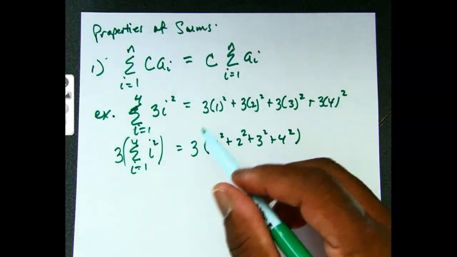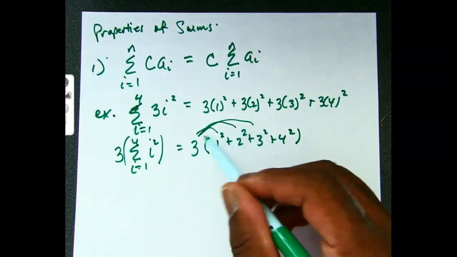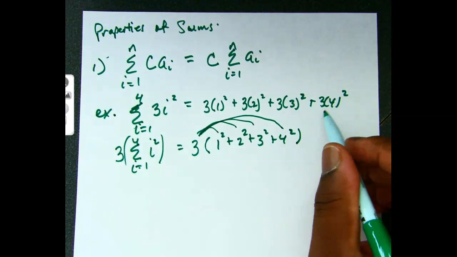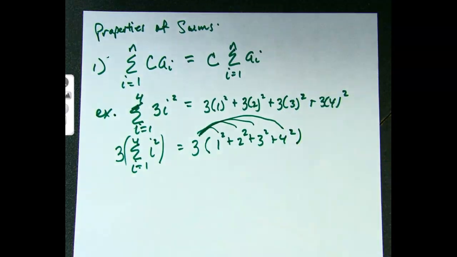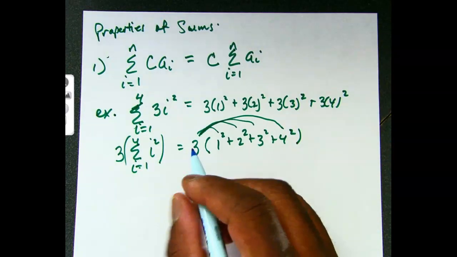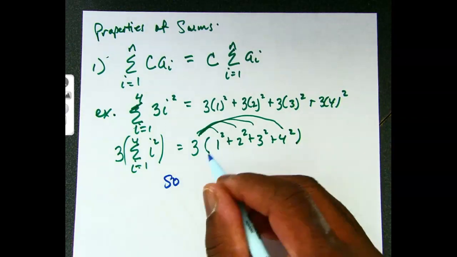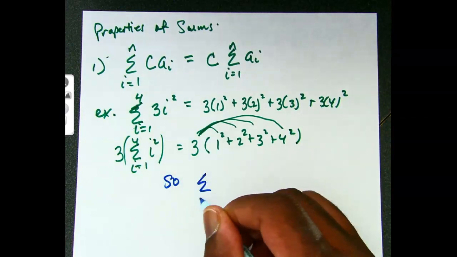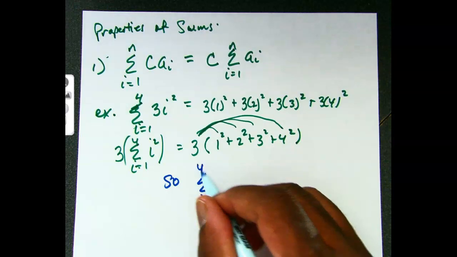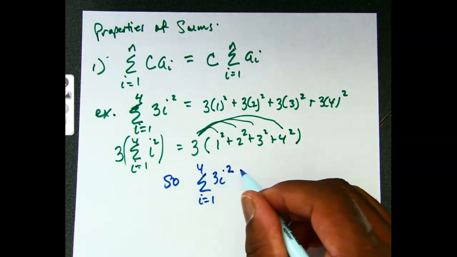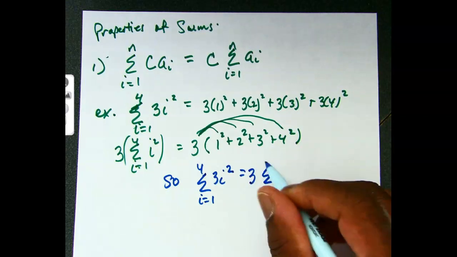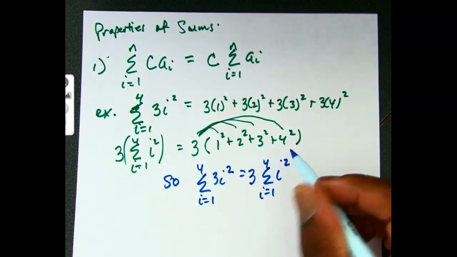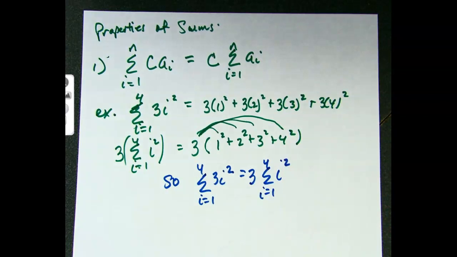And as you can see, if we distribute this 3 to all of those terms, it's going to directly equal what we had in the first term. So we were able to prove that the summation from i equals 1 to 4 of 3i squared is equal to 3 times the summation i equals 1 to 4 of i squared. So that's a property that our summations have.